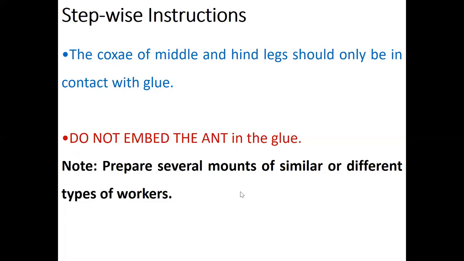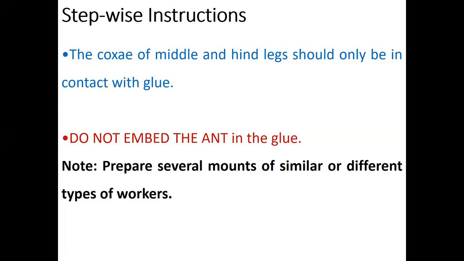And you usually need to prepare several mounts of similar or different types of workers, because I mentioned this: in some ant species, they are only monomorphic. They have only one type of worker. Then in that case, you may need one or two mounted specimens.